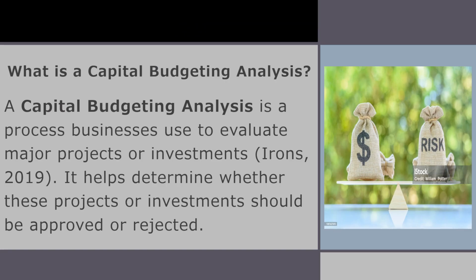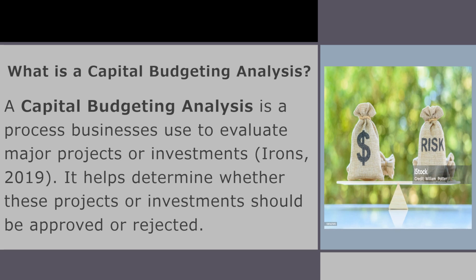Now that we've seen an example of a sensitivity analysis used in a smaller financial decision, we can look at how a sensitivity analysis can be used in capital budgeting. What is, however, a capital budgeting analysis?